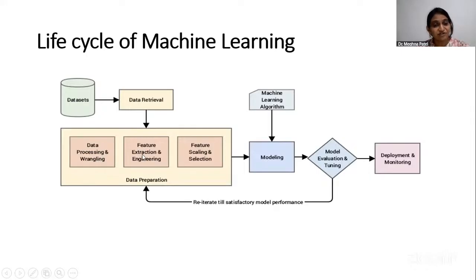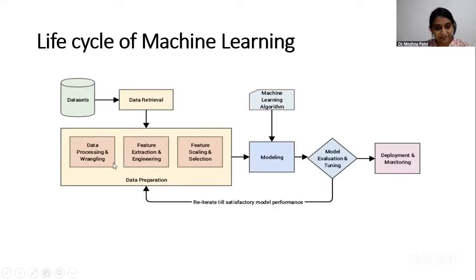Then in feature extraction and engineering, we are generating new features. And in feature scaling, if the data available to us is in a different range, we can convert it into a small range. As well as we can do the encoding also. The categorical data available will be converted into numerical.